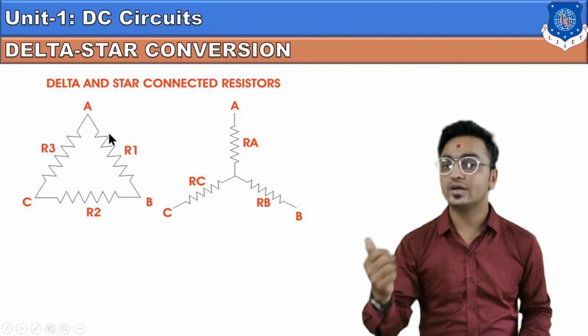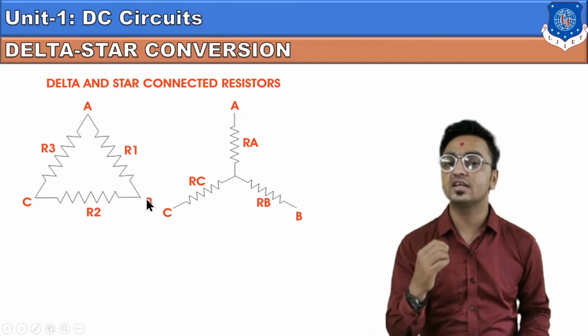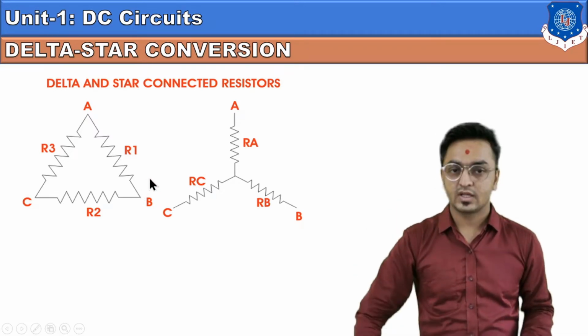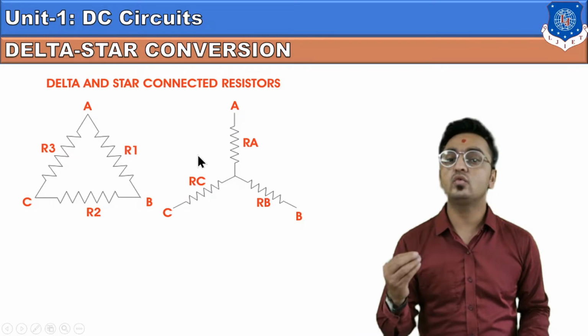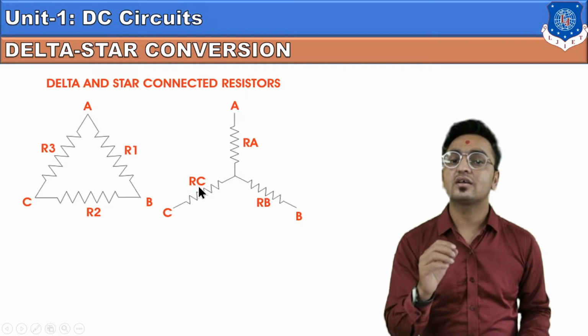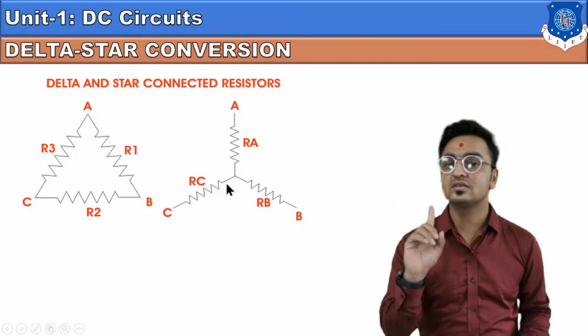So here we have three resistors between three terminals in the form of a loop, that is known as a delta connection.